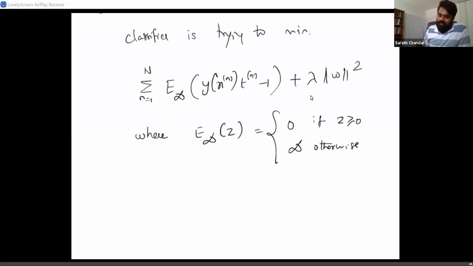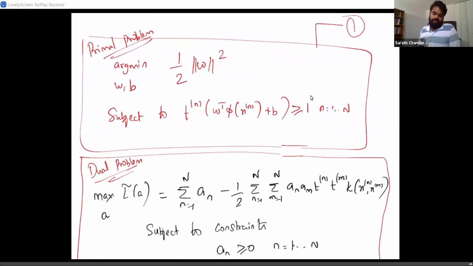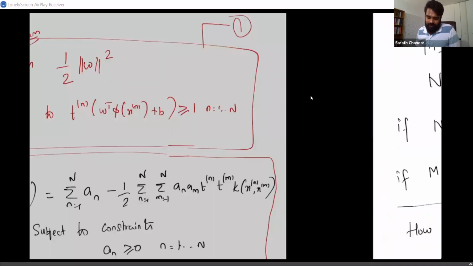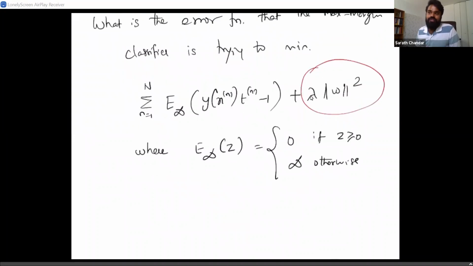Now what is the first term? The second term we already know. If you go back to the primal formulation, you see that the second term is based on the function that you're trying to minimize. The first term is actually based on the constraints that you have. The constraint is t_n y of x_n is greater than or equal to 1. So this error function, E infinity, is a hard version of defining the constraint.